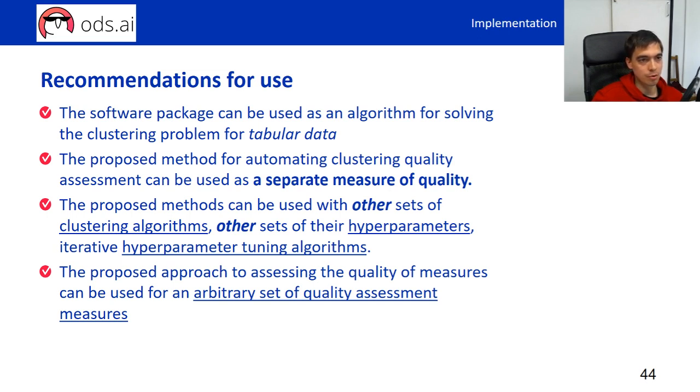Also, it's important to note that the proposed methods can be used with other sets of clustering algorithms, other sets of hyperparameters, and another iterative hyperparameter tuning algorithm. This is an important thing to get rid of the criticism.